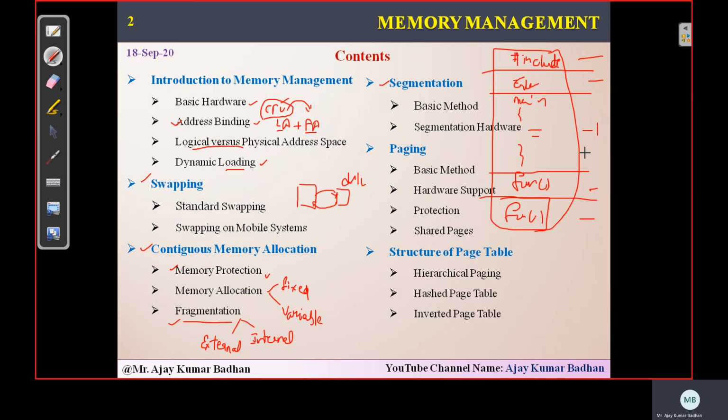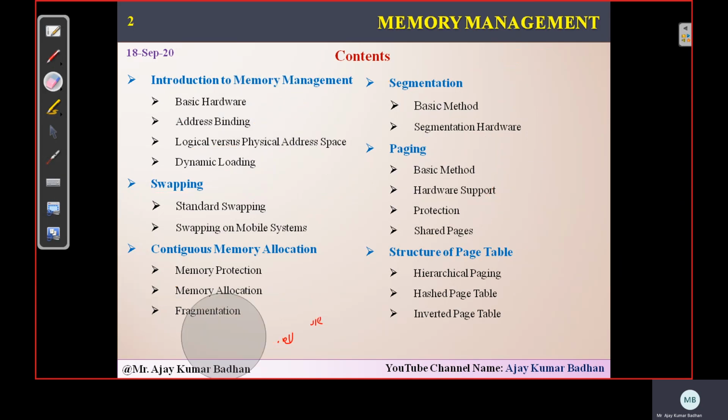In this way, your program will be divided into segments, and how these are stored in memory is what we are going to discuss in this topic called segmentation. So in today's session, the most important topics we are going to discuss are swapping, continuous memory allocation, and segmentation. Without wasting time, let's enter into this concept.